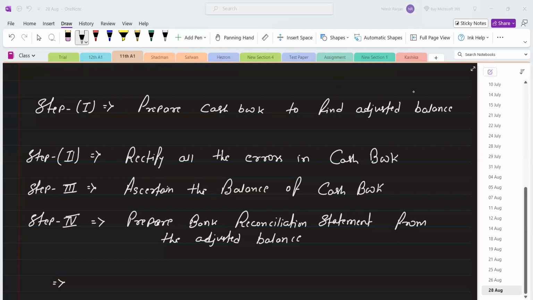The last thing written in my accounts book is bank charge debited by bank, passbook decreased, cash book no change.